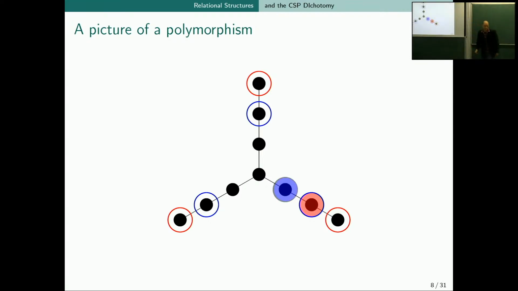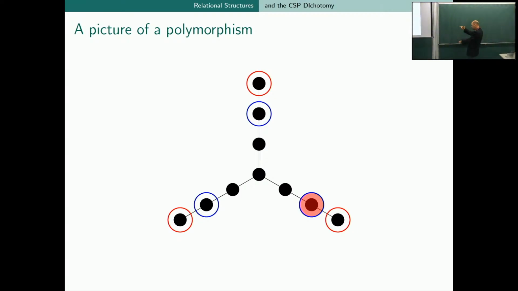That's all it means to be a polymorphism, a very natural definition. K is 3 here, sorry. So when k is 3, for every ordered triple of vertices, I map to a single vertex. Yeah, there are three circles there.